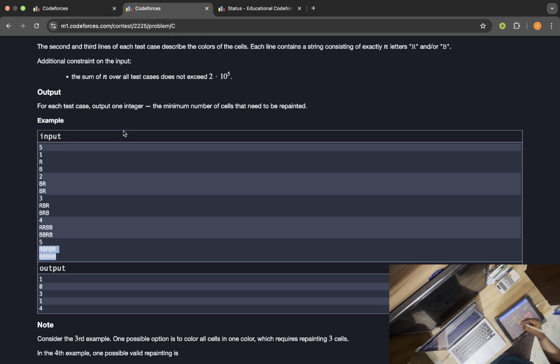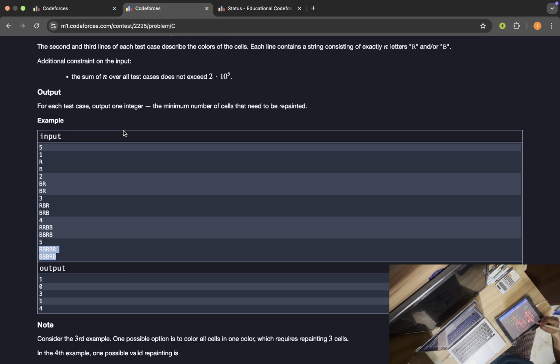So for this one, I can pair up with the next one only if those values are like that. I'll ignore.